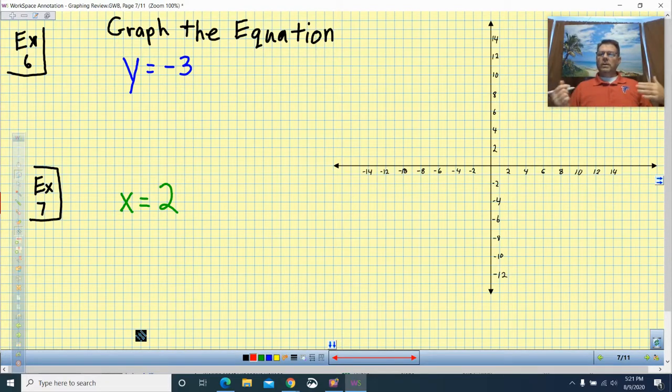And I used to get all upset and frustrated with that idea. Which one's which? Well, here's the deal. Watch this. So this is y equals -3. Can you find where y equals -3 on the graph? Well, you sure can, right there. Put your little dot. Now, should I draw a vertical line or a horizontal line through that point?